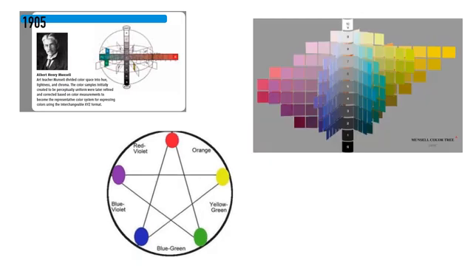His complementary pairings are red to blue green, yellow to blue violet, green to red violet. And blue and orange is the only pairing we recognize from the traditional color wheel. Basically, he developed his complementary pairings from afterimage observations.